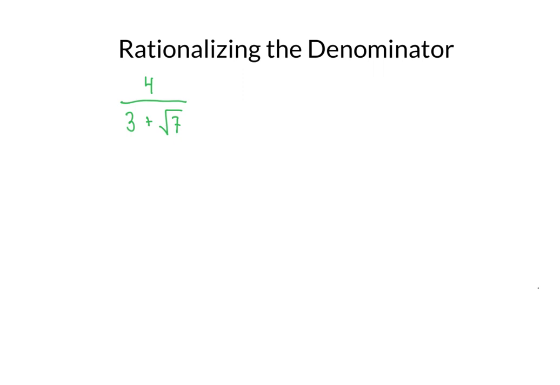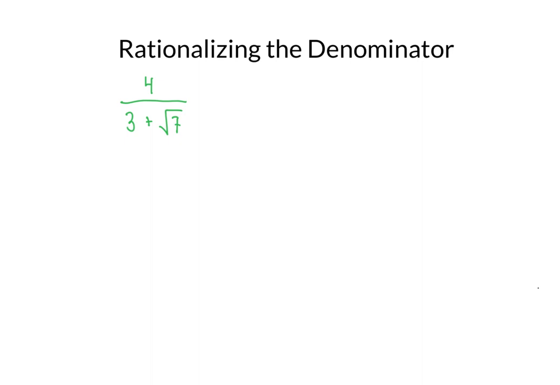If it's not a square root, then this process does not work out. Okay, so we have 4 over 3 plus the square root of 7. We want to get that radical out of the denominator.